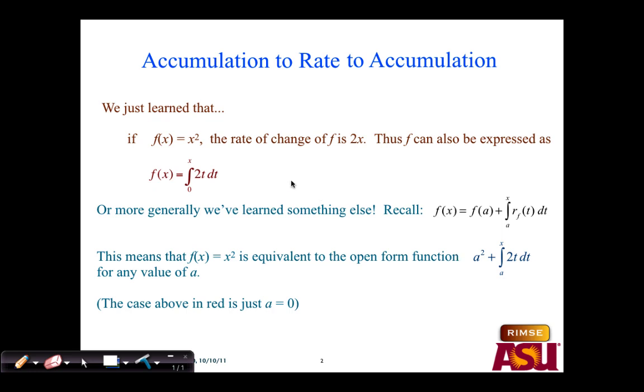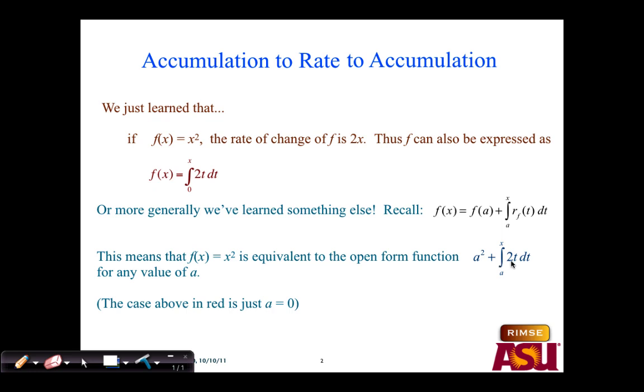So this doesn't look like the accumulation that we started with, x squared, but this is equivalent to x squared for any value of a. For any value of a, this open form expression here tells us the same as f of x equals x squared. So I can say f of x equals this.